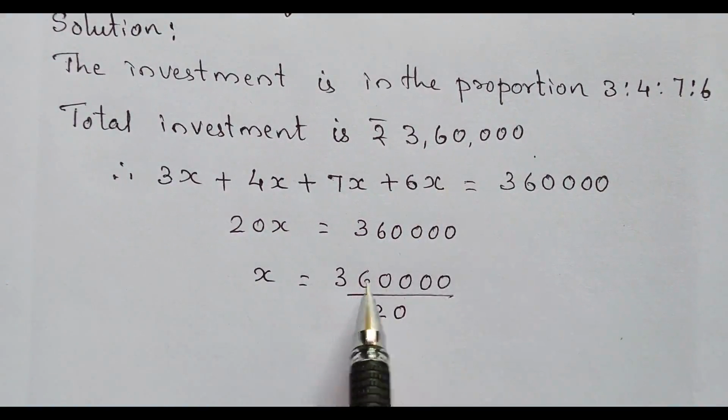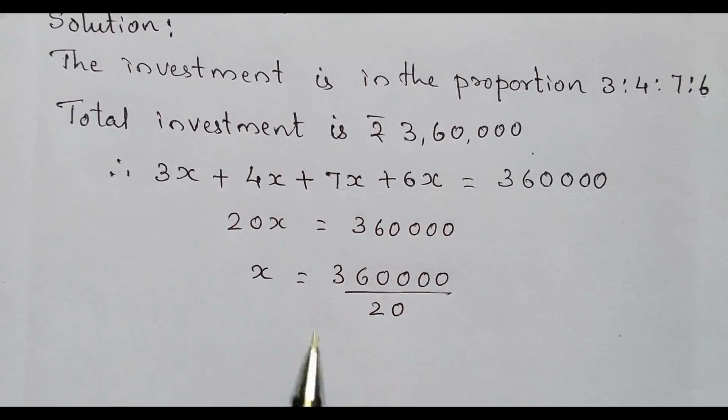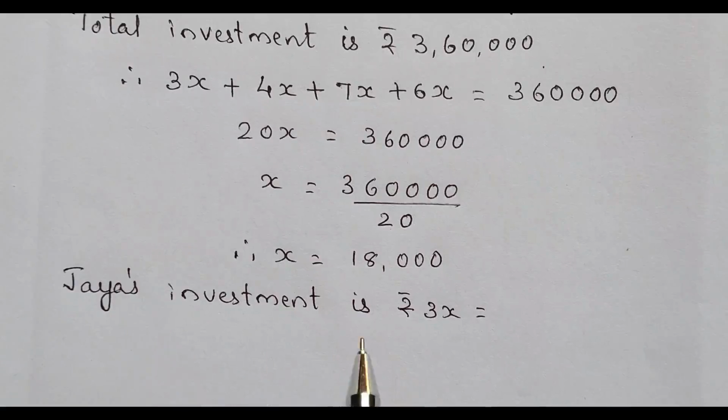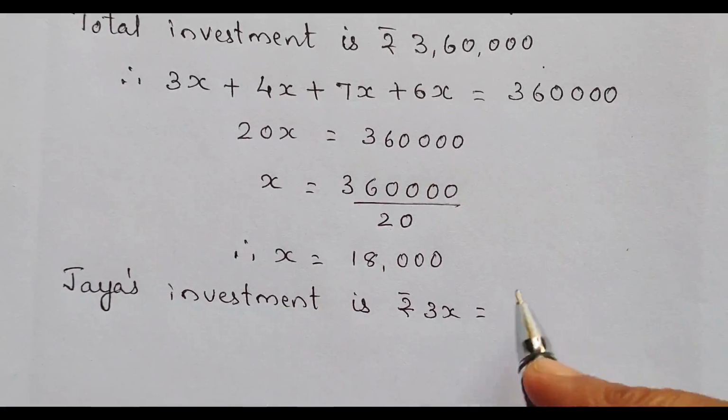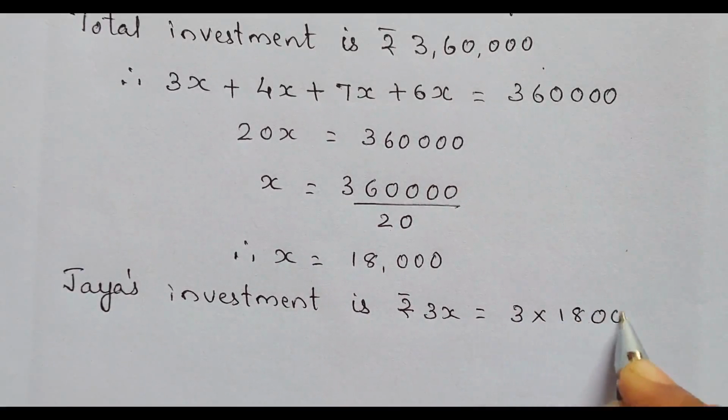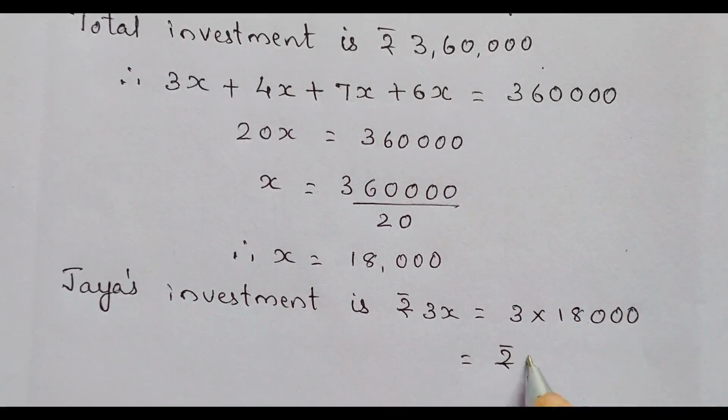X is equal to 3,60,000 divided by 20. Therefore, x is equal to 18,000. So Jaya's investment is 3x rupees. That is 3 multiplied by 18,000. That's equal to rupees 54,000.